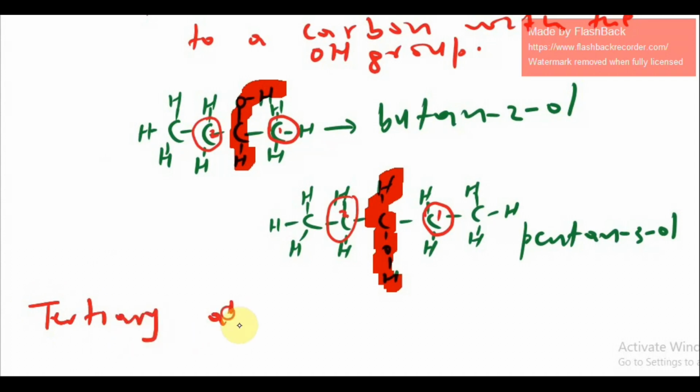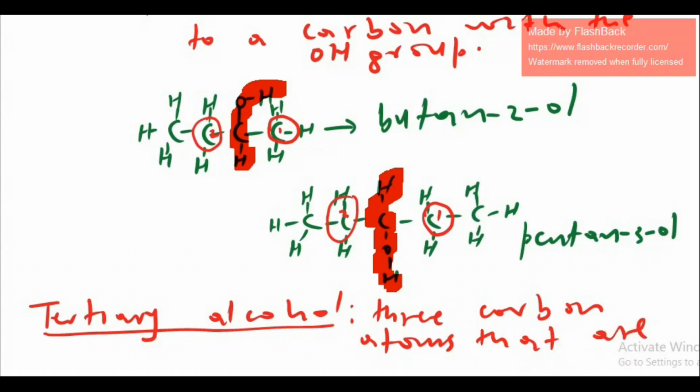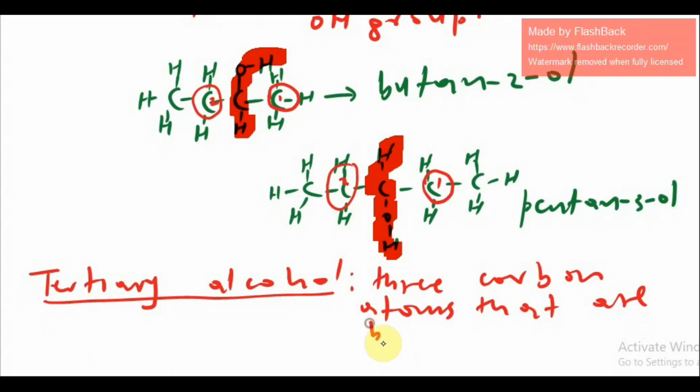We also have the tertiary alcohol. In the tertiary alcohol, there are 3 carbon atoms that are bonded to a carbon with the OH group.